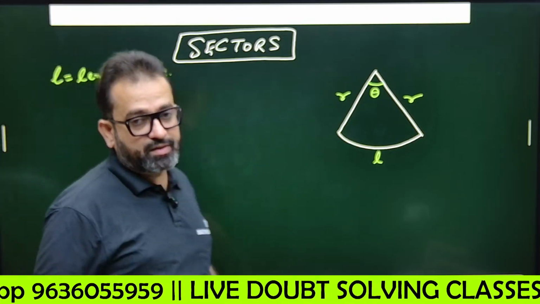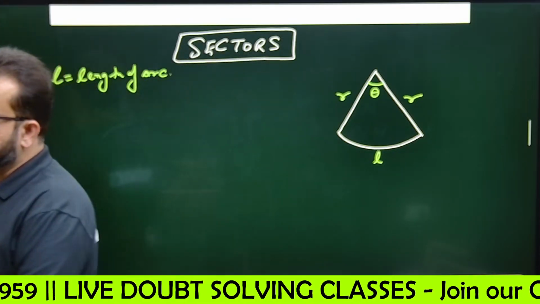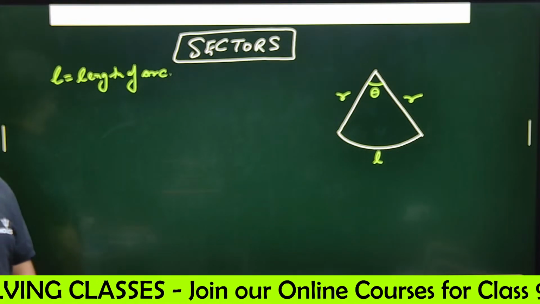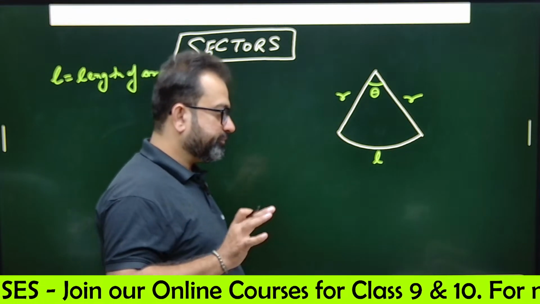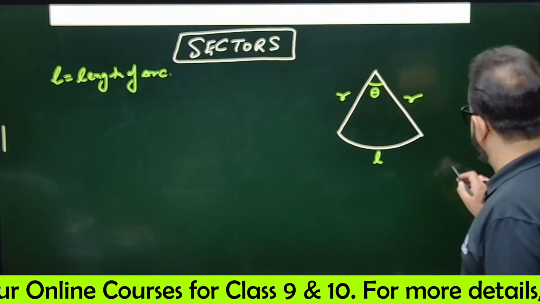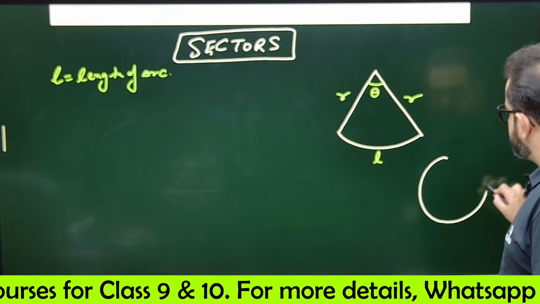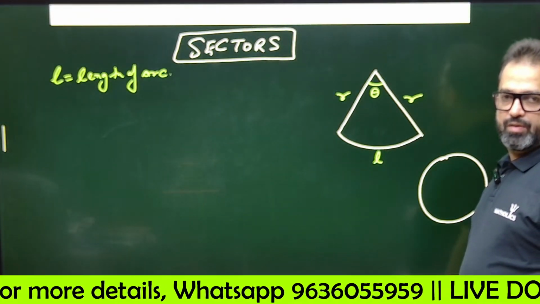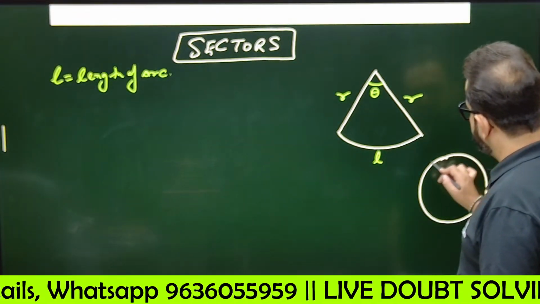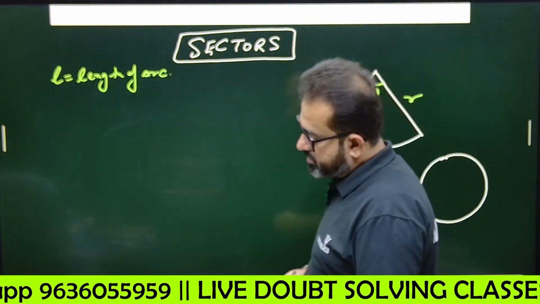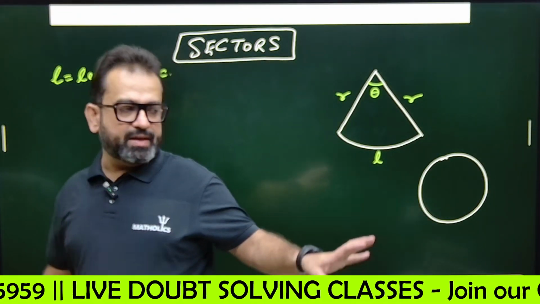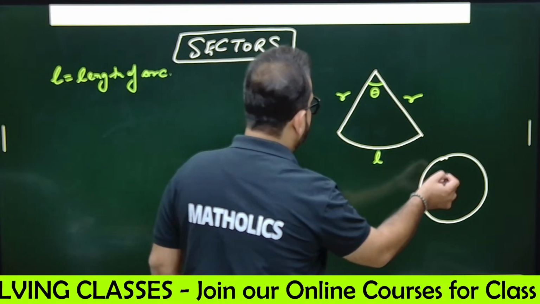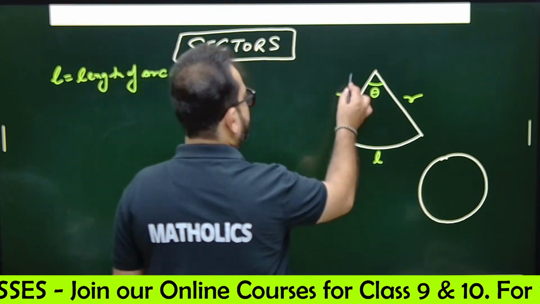Now its formula. What is its formula, we are about to learn, and how this formula is actually derived. See, tell me, if this is a complete circle, what is the length of arc of this circle? Can anyone tell me in the comments?